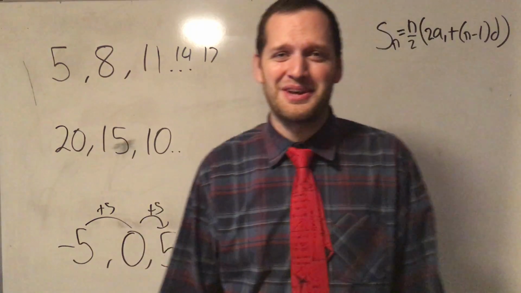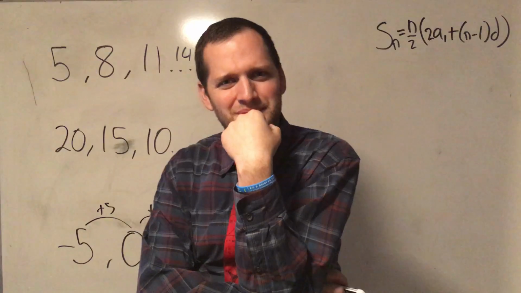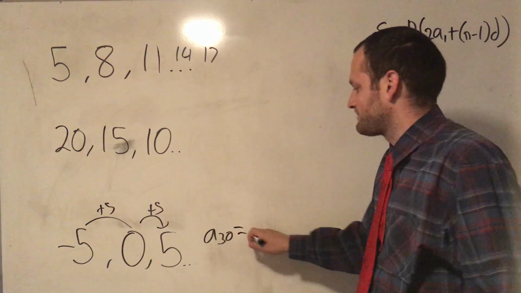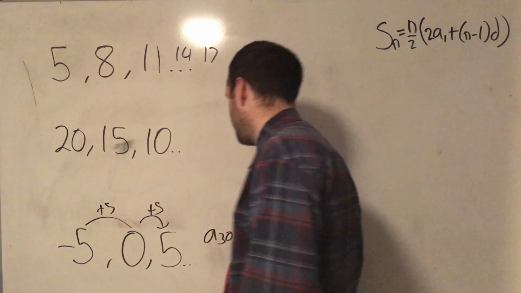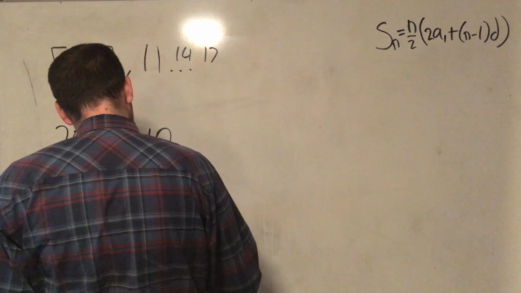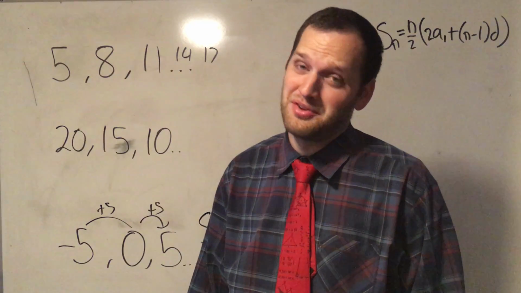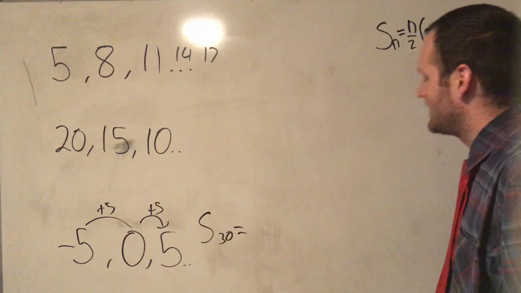You're probably sitting there for a couple minutes thinking, man, how would I solve this problem? It's because I didn't give you what you were solving for. So it's not even a of 30, it's s of 30. I'm sorry that you guys have to suffer through this video. All right, s of 30.